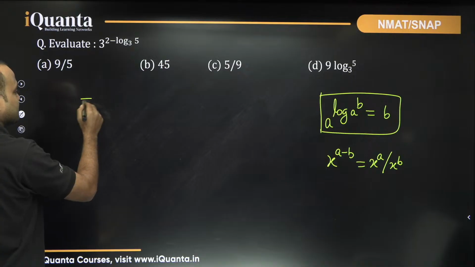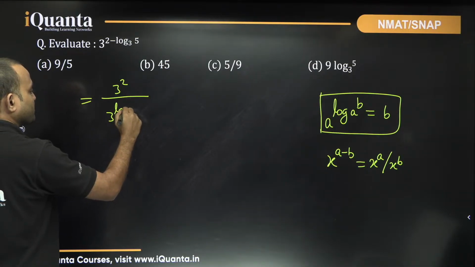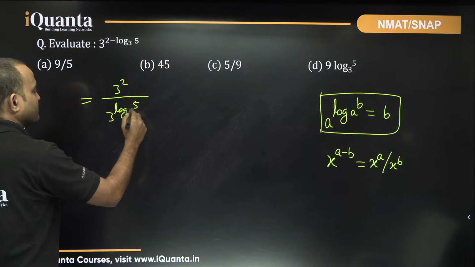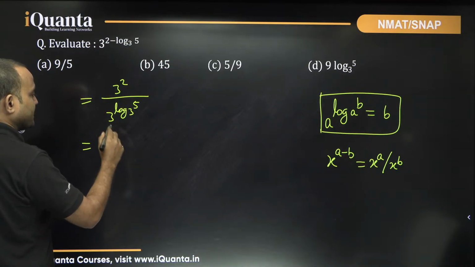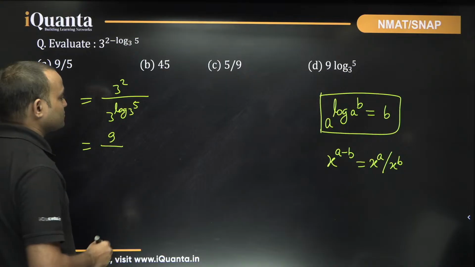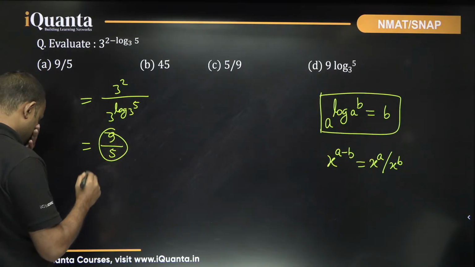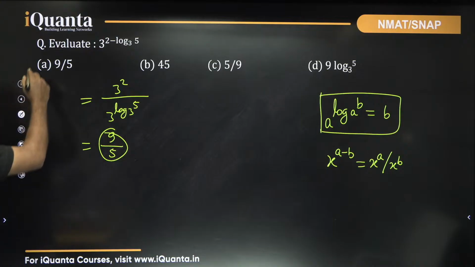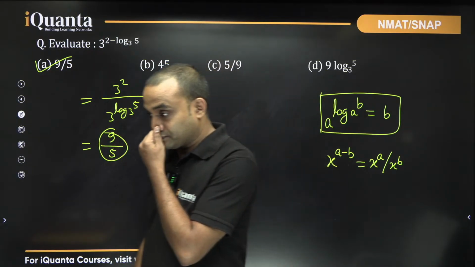Can I write this as 3 square upon 3 to the power log 5 base 3? So 3 to the power 2 is nothing but 9, and 3 to the power log 5 to the base 3 will be 5. So 9 by 5 is our answer, which is option A.